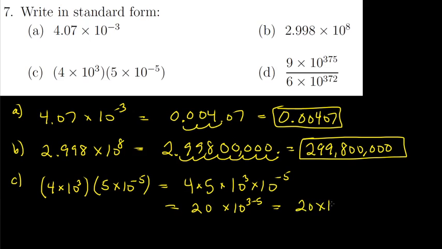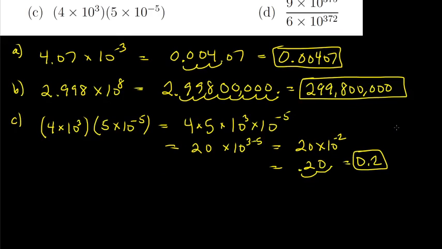So 20 times 10 to the negative 2. So we take the 20 and we move the decimal 2 times. So remember, negative 2 means it's a small number. We're going to move to the left. So this is just 0.2. Right. If you move to the right, you're making a big number. That would be a positive exponent.